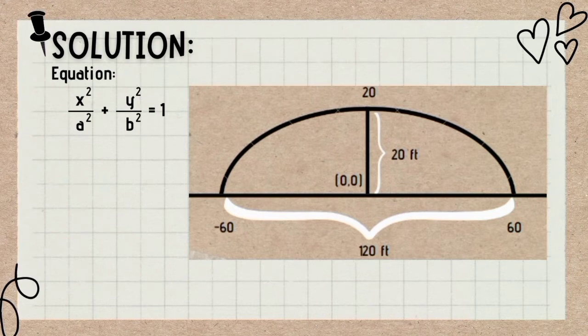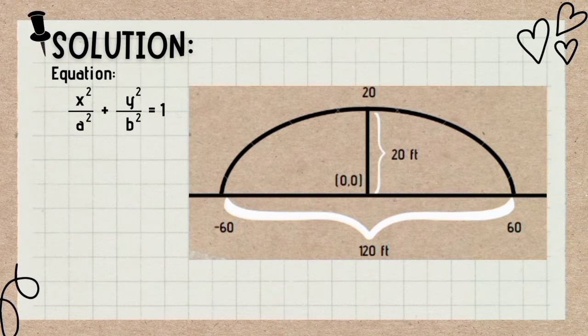We know that the value of a is the distance from the center to its vertex, giving us a equals 60. To get b, we must know the distance from the center to its co-vertex, leaving us the value of b equals 20.